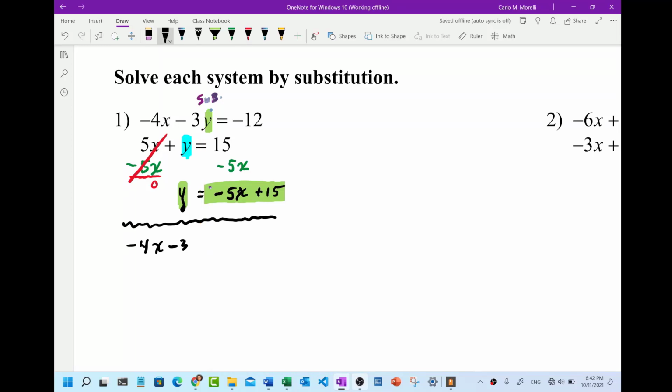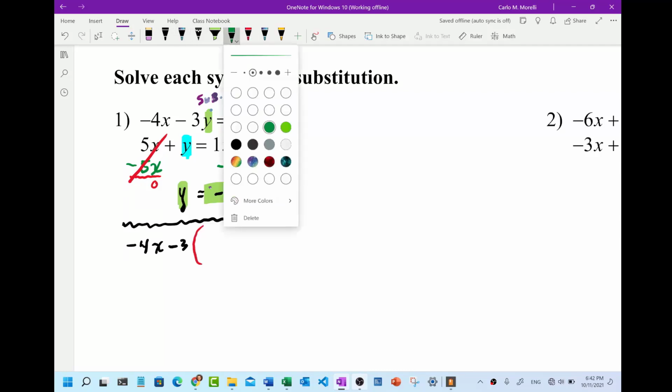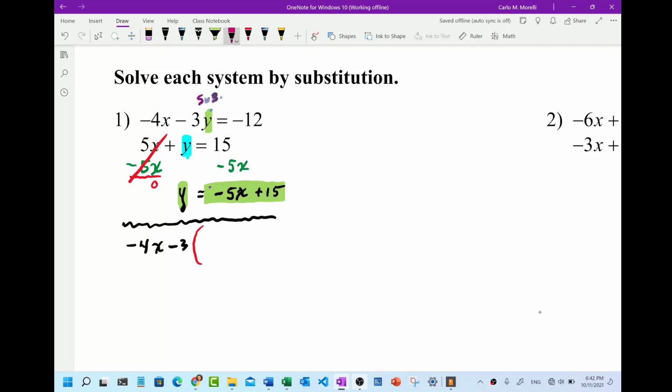And now what I'm going to do is a big open parentheses, and inside that parentheses, I'm going to put -5x plus 15. Now, by student request, I won't do any tricky mathematics here. I'll just do it the normal way, and that's equal to -12.